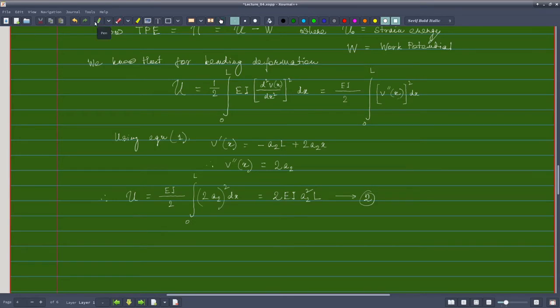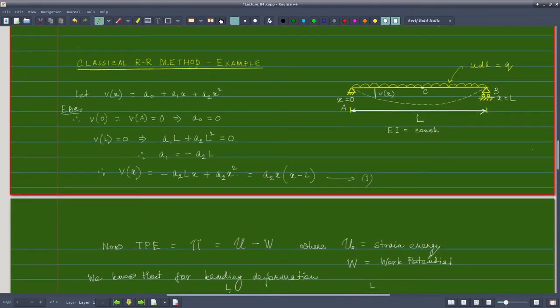Next, let us find out the work potential. So what is my work potential? Work potential is W, that is the total work done by the loads over the displacement.